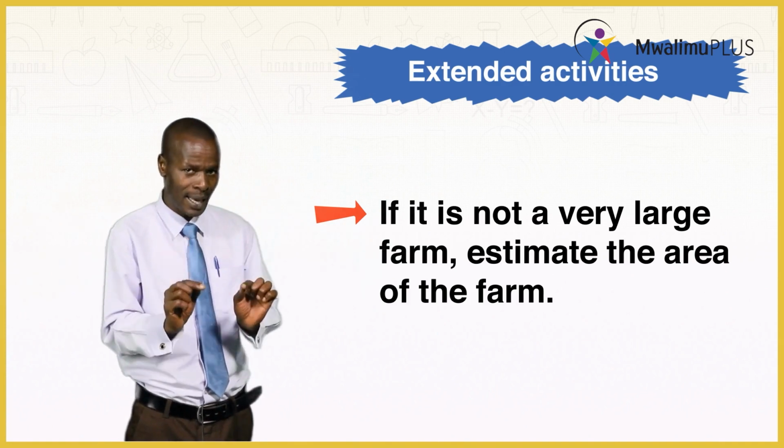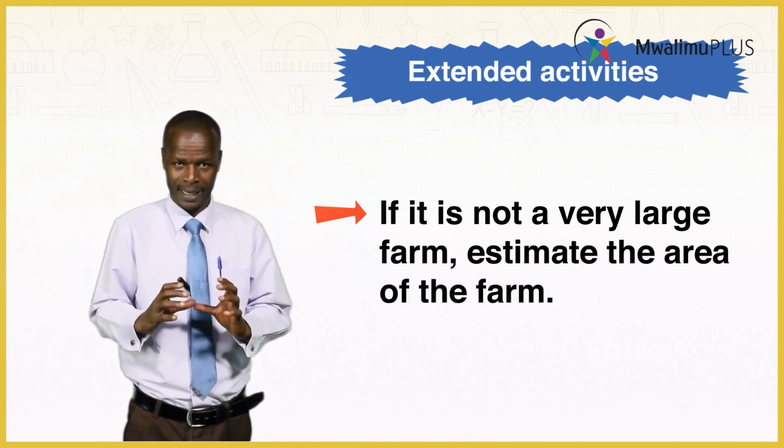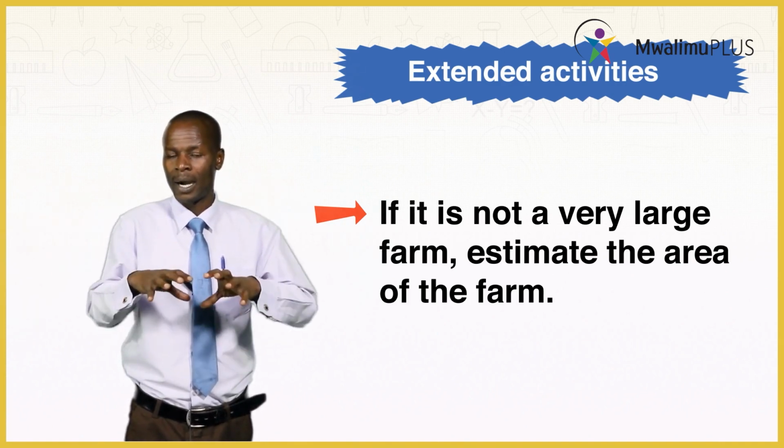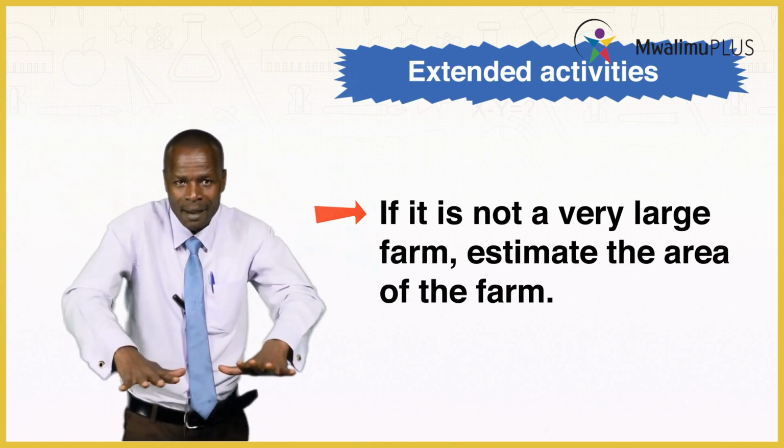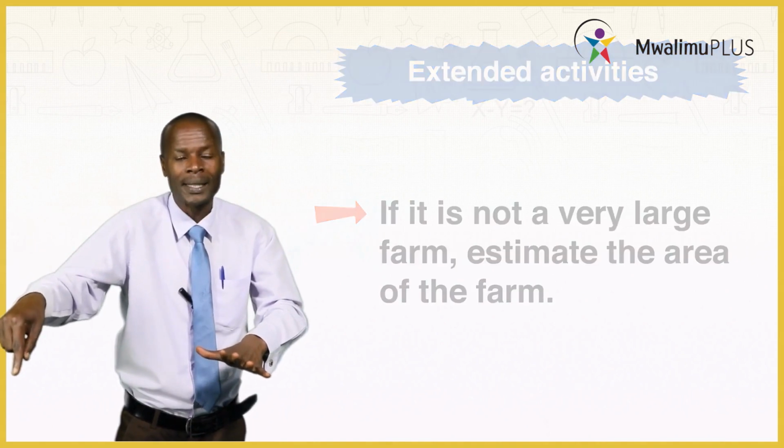And by finding the area, you find the space that is occupying, you know, that surface of where 4 plants are put. One here, one here, one here, one here. That space. So the number of spaces inside that will give you the area.